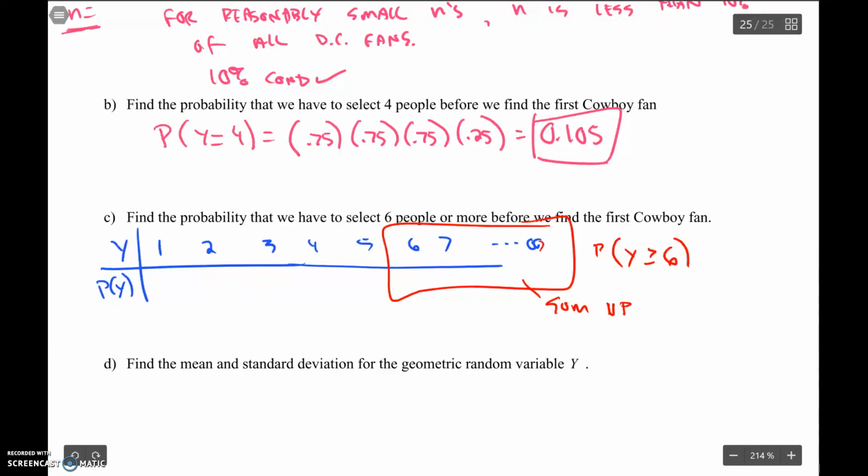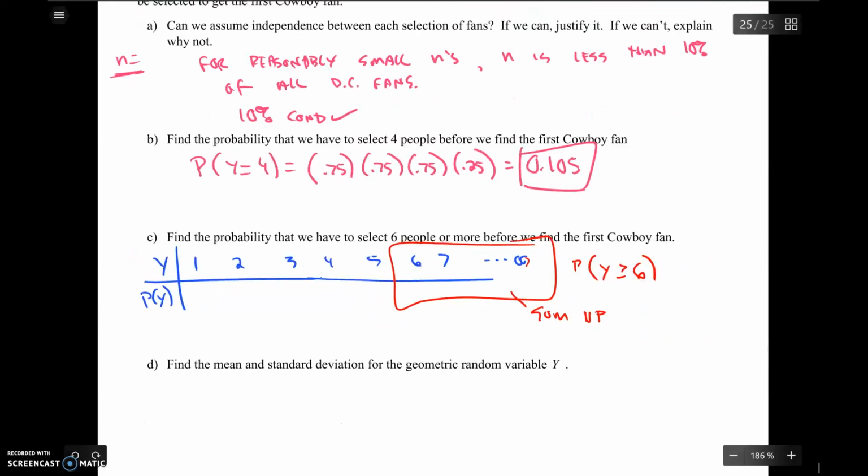So what I'm going to do is say this is equal to 1 minus the probability of these. And this is not so bad because this is just 5. This is the rule of complements. This is 1 minus the probability that y is between 1 and 5 inclusive. Now I can just add up these 5 rather than add up this infinite number.